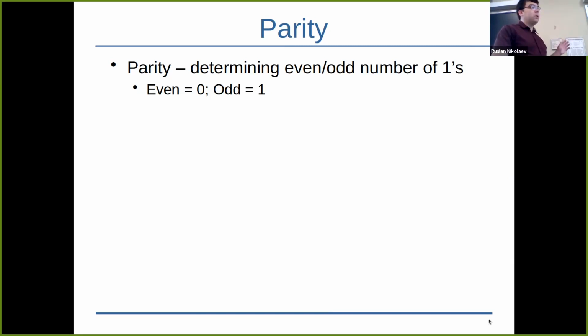So we have some number, let's say it's 0, 1, 0. How many ones do we have? Just one, right? And is it an odd number? Yes, it's an odd number. So therefore, if it's an odd number, we'll write 1. If it's an even number, then we'll write 0.